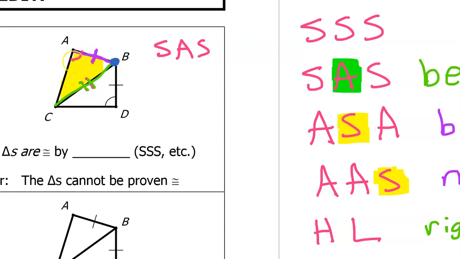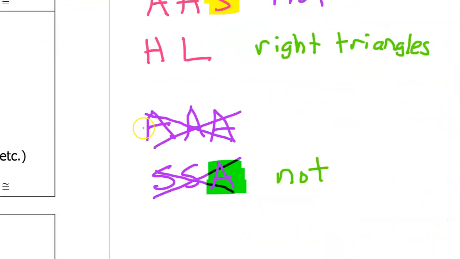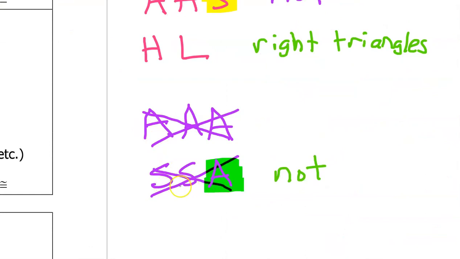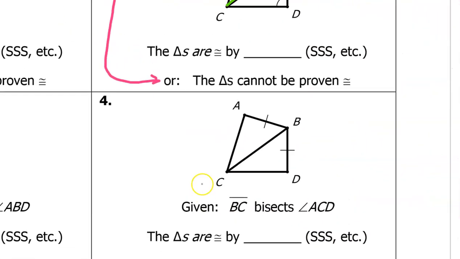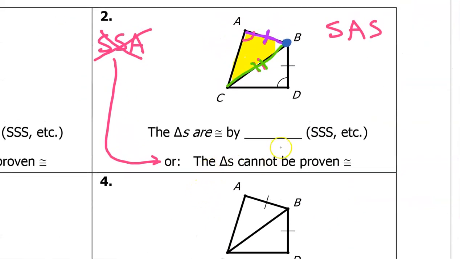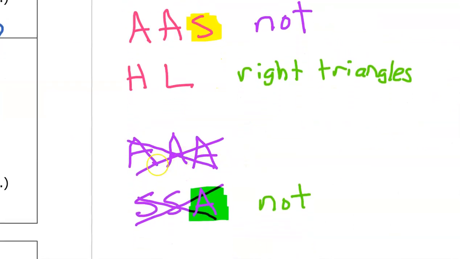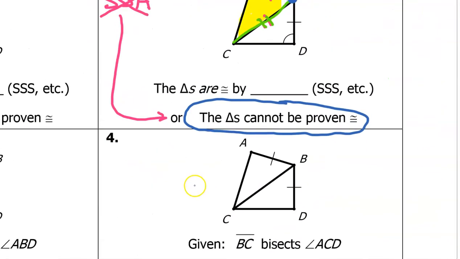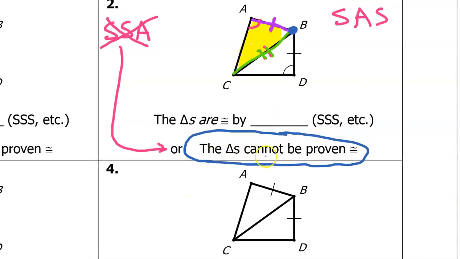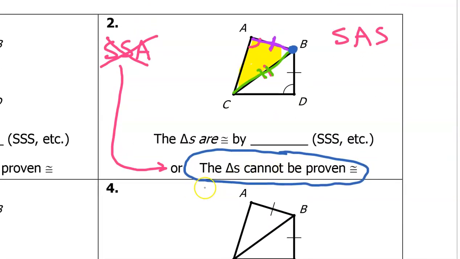No. So the angle that is marked congruent is not between the two sides. And when the angle is not between the two sides, that's side-side-angle. So the triangles cannot be proven congruent. By the way, do not write SSA on this line. That is not one of the things that proves triangles are congruent. It's not really a thing. So just leave it blank and circle triangles cannot be proven congruent.